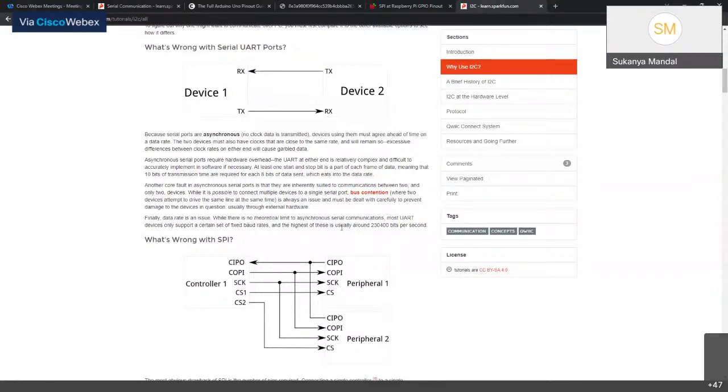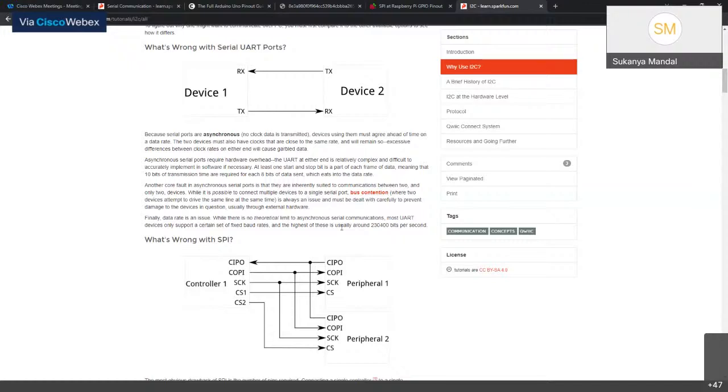Because if 2 devices target the receiver and the transmission line at the same time, it causes a deadlock situation, in which case bus contention needs to be configured so that this issue does not arise. But ideally, in a practical scenario, it is difficult to communicate with more than 2 devices in UART mode of communications.